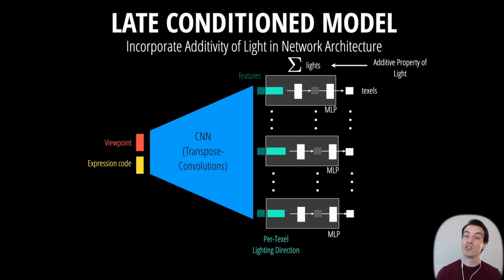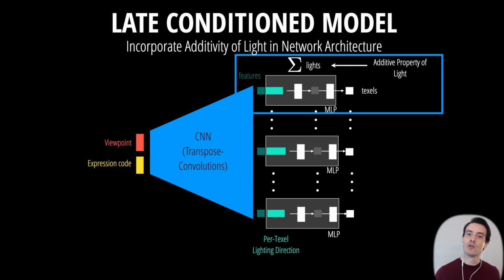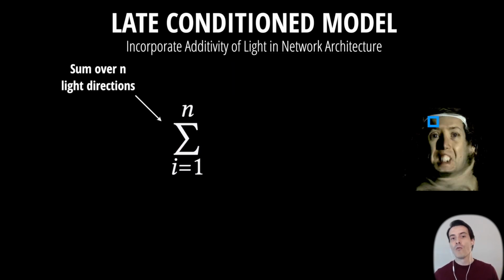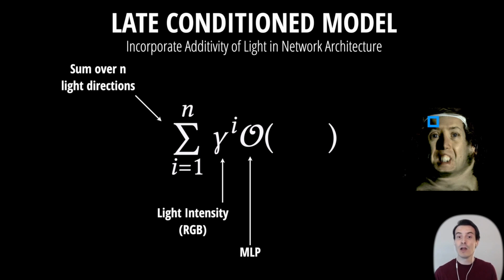And the reason this model generalizes better is because we can directly incorporate the additivity of light into the network architecture. So if we look at a single texel, to produce the final color, we're going to sum up over each light direction. So this is going to be the 460 lights in our capture system. And we're going to directly multiply each light contribution by its corresponding RGB intensity.